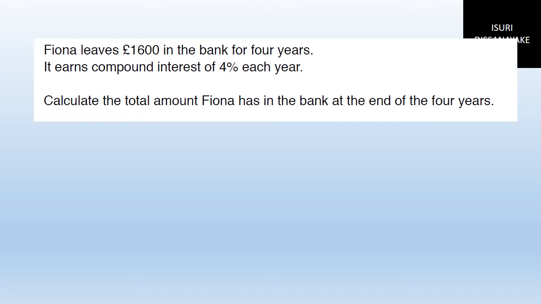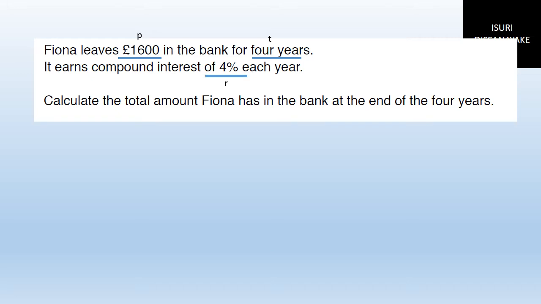Fiona leaves £1,600 in the bank for 4 years. It earns compound interest of 4% each year. Calculate the total amount Fiona has in the bank at the end of the 4 years. So this is the principal amount 1,600 and the time is 4 years.